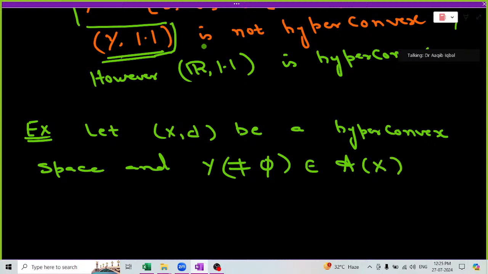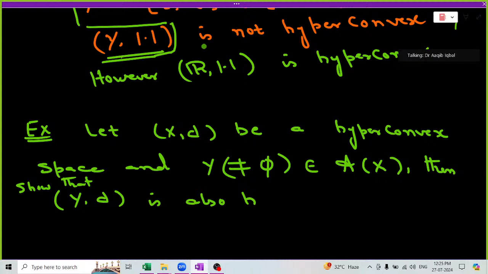That means Y is a non-empty bounded admissible subset of X. If that be the case, then the subspace (Y, d), ये आपने दिखाना है, then show that (Y, d) is also hyperconvex. This would be an exercise for you. Try करिएगा इसको. And the hint for you is that you have to use the inheritance principle.